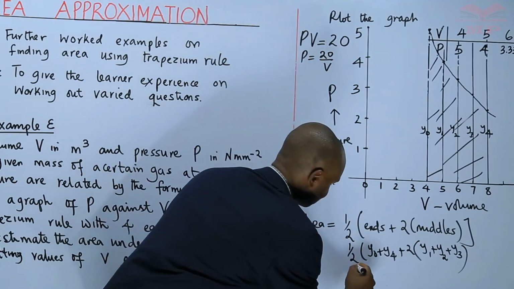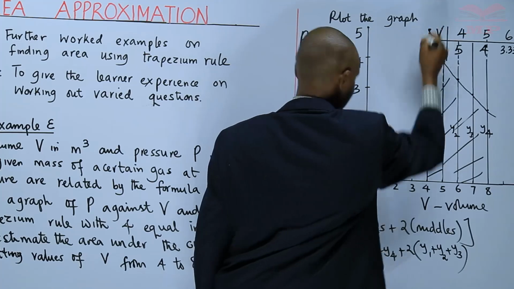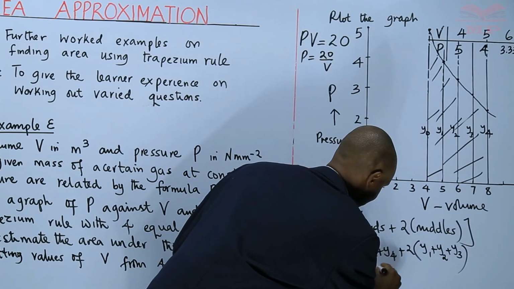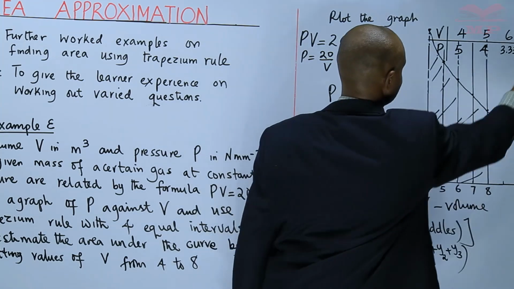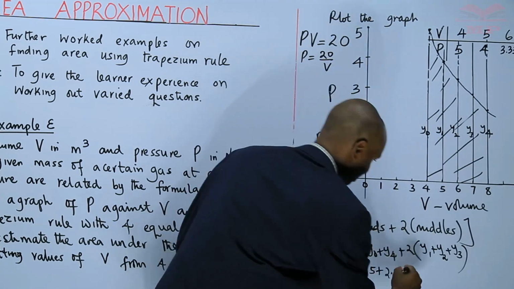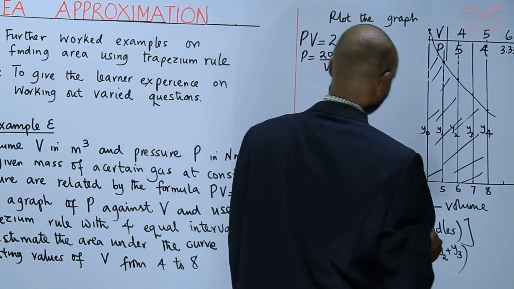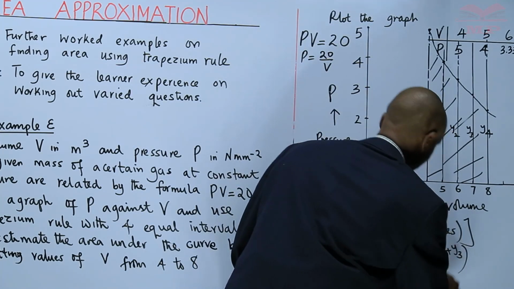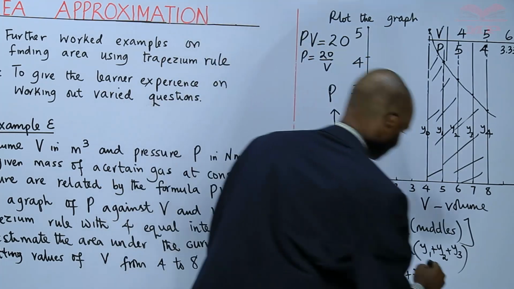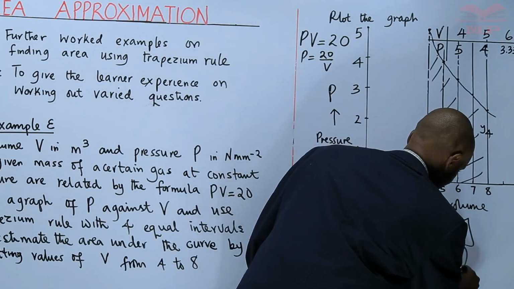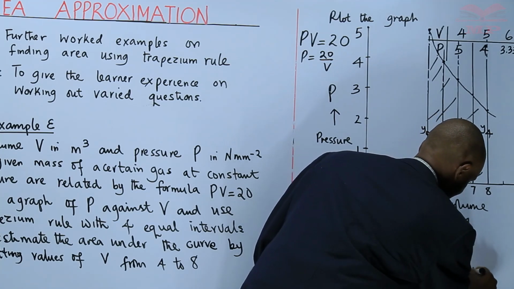So you'll come and have a half. Y0 is 5. Y4 is 2.5, as seen there. Then plus twice y1 was 4, y2 3.3, and y3 is 2.86.